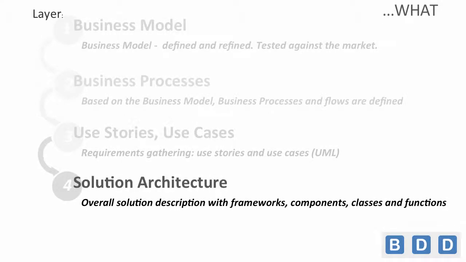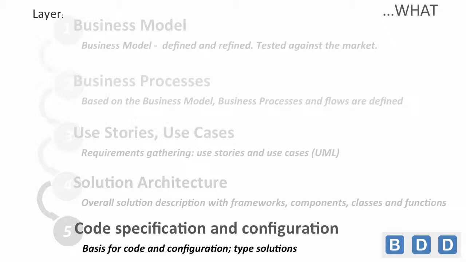An overall architecture is defined with hardware and software components and dependencies. Layer 5, code specification. A blueprint for code generation is laid out, type solutions for classes and functions. This step may also comprise actual code generation, but doesn't have to. Remember, all layers are laid out in sequence and addressed in that particular order.